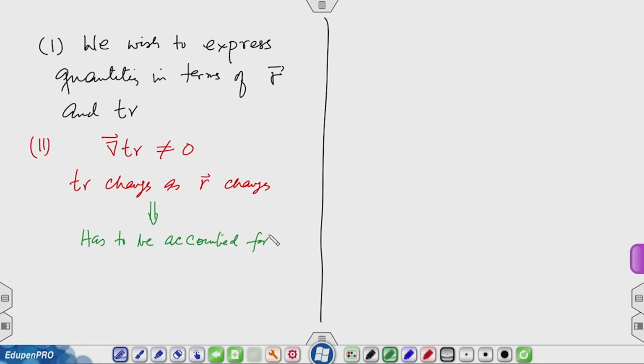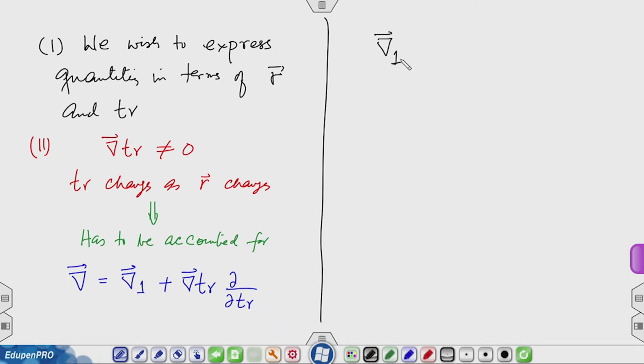And that is why we wrote that grad with respect to r is going to be grad 1 plus grad t_r times the partial derivative with respect to t_r. The t_r changes, and you have to then include how t_r changes with time. So, that is grad t_r. What is grad 1?